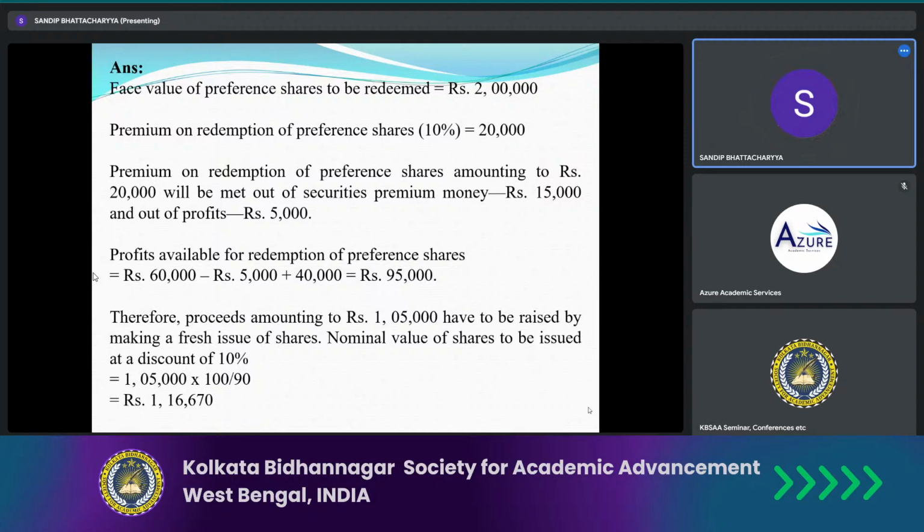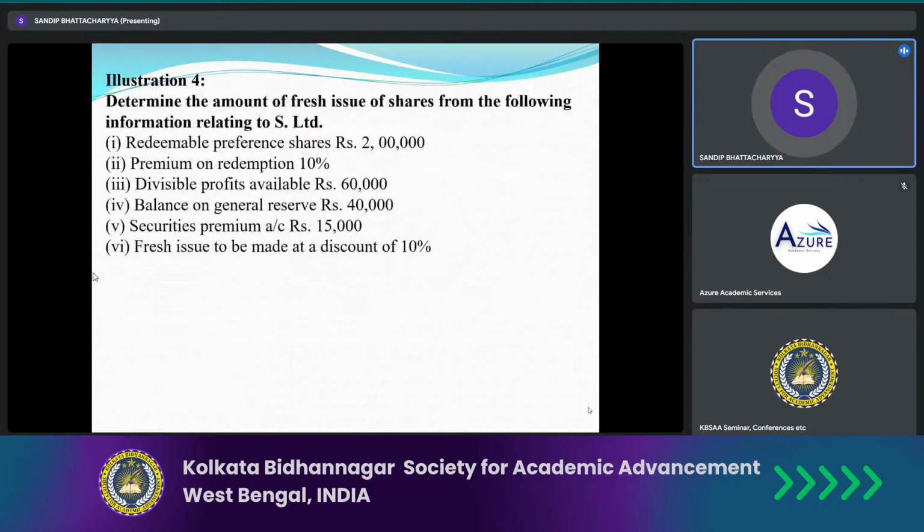So now, in my point number 4, profit available for redemption of pref shares is how much? 60,000 plus 40,000 minus 5,000. Total divisible profit available is 60,000, and balance on general reserve available is 40,000.